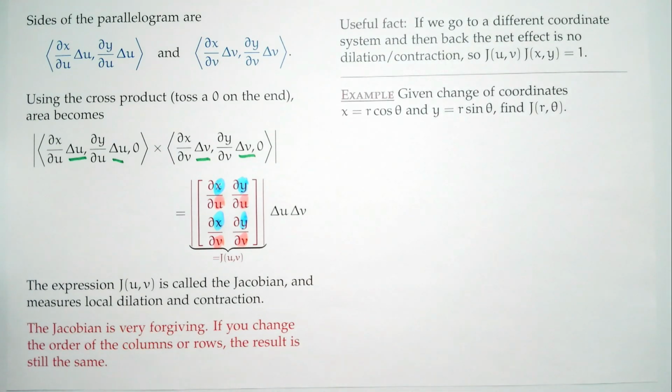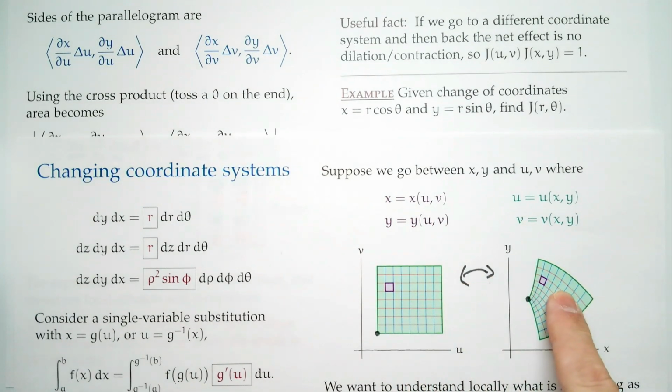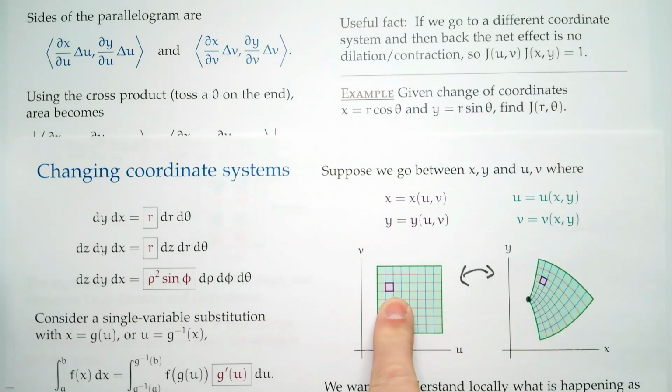So that's the big idea. And I will point out that there's this nice idea that saves us a little bit of work. And the nice idea says, hey, we're looking at how much we're expanding and contracting. What happens if I do the following? If I go from here to there and back again, what's my net effect? Well, my net effect is I haven't changed.